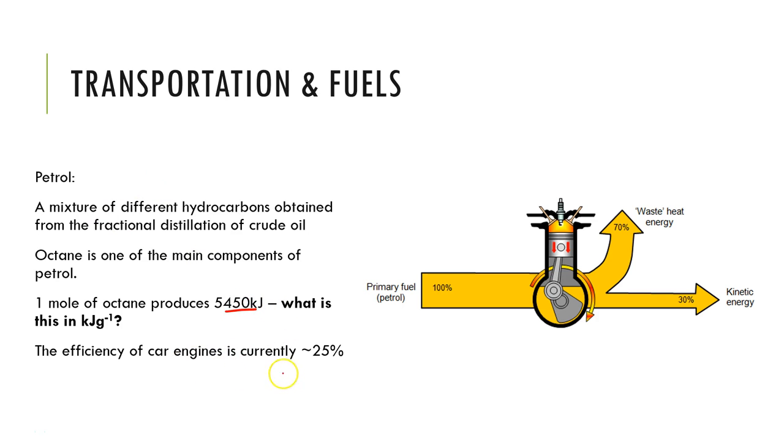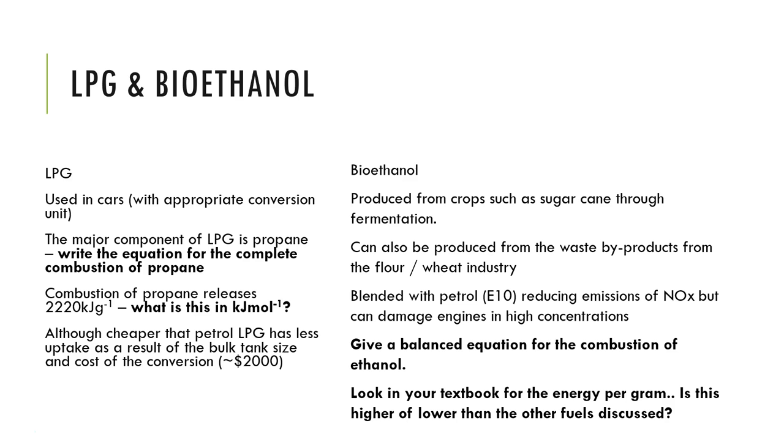The efficiency of car engines is about 25% though, so we're going to lose 3/4 of this energy, 70%, to heat and general friction and various other things in our engine. So only about 30% actually gets converted into kinetic energy of moving our cars. So the internal combustion engine is very inefficient.